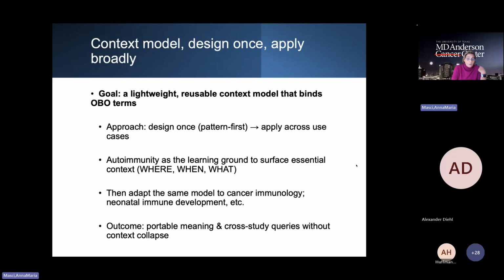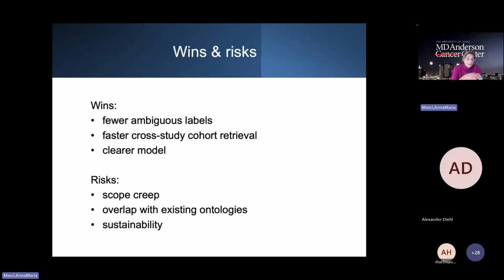Obviously, one of the things that we need to account for is the advantages and the risks. The advantages of having this kind of representation are that we will have fewer ambiguous labels, and in particular the ability to do cross-study cohort retrieval, because we will be able to represent the context and have a clear model for that.